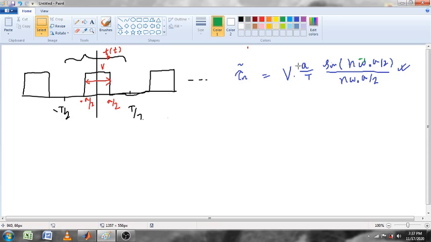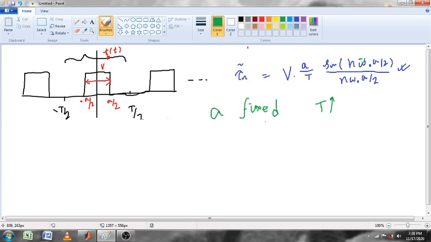Now suppose I make a small change, and what I do is I keep my A fixed. Okay, what if I keep my A fixed and keep on increasing the time period? I'll repeat again.